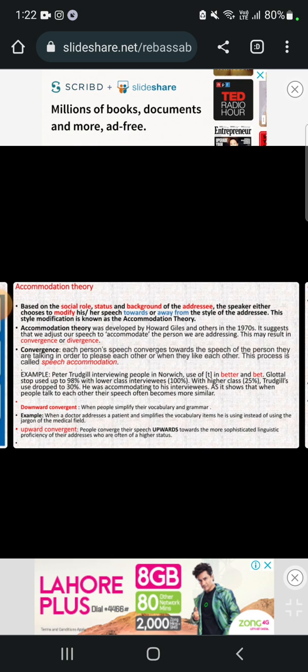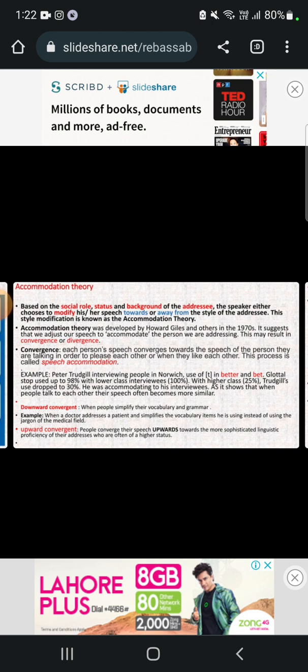Convergence is when each person's speech converges towards the speech of the person they are talking to, in order to please each other or when they like each other. The process is called speech accommodation. There is an example you can quote. Then I have told you about downward convergence and upward convergence.